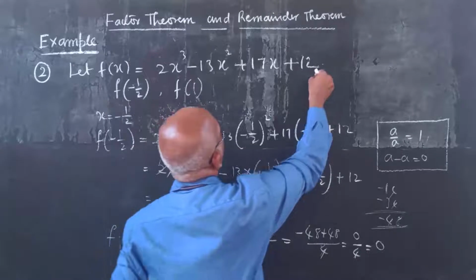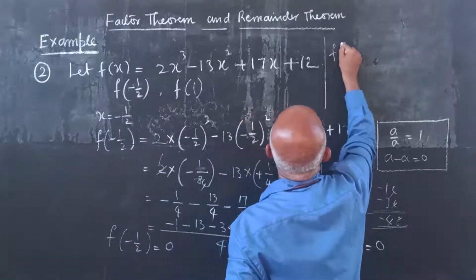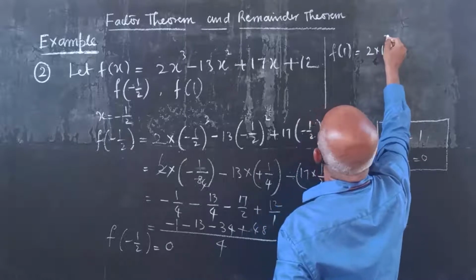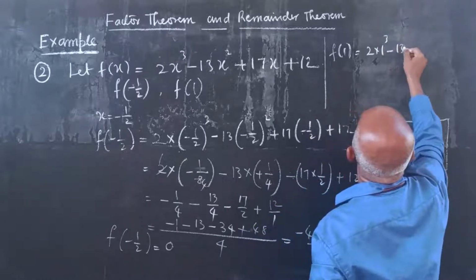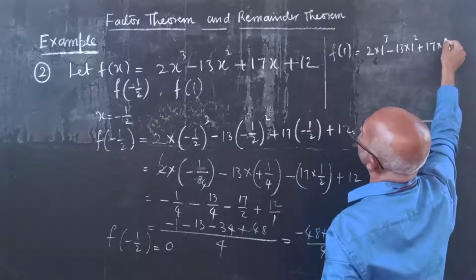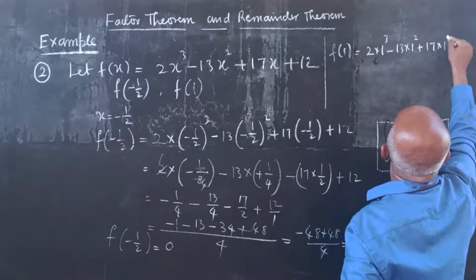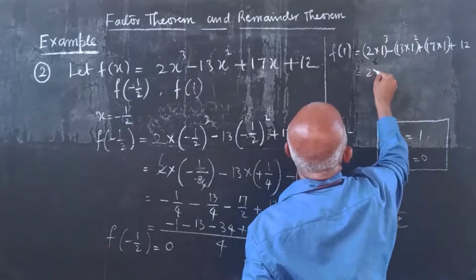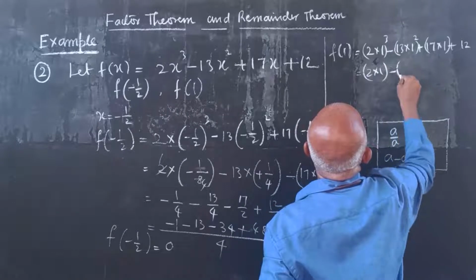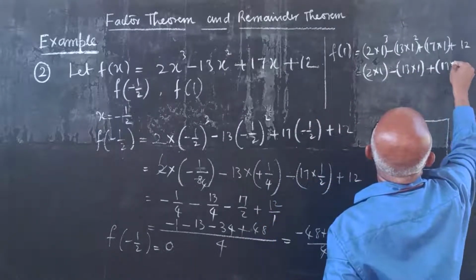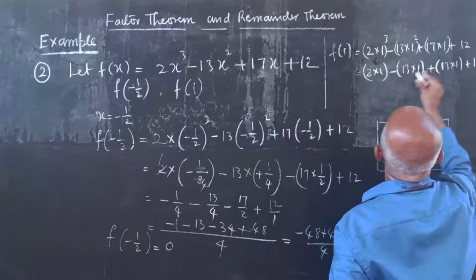Now here I am going to do the problem. So f of 1 is equal to 2 into 1 cube minus 13 into 1 square plus 17 into 1 plus 12. That is 2 into 1 minus 13 into 1 plus 17 into 1 plus 12.